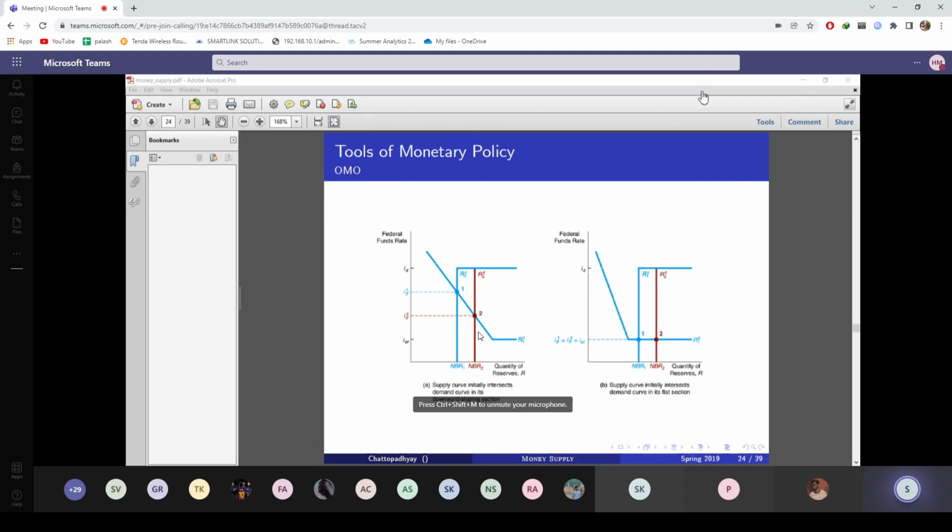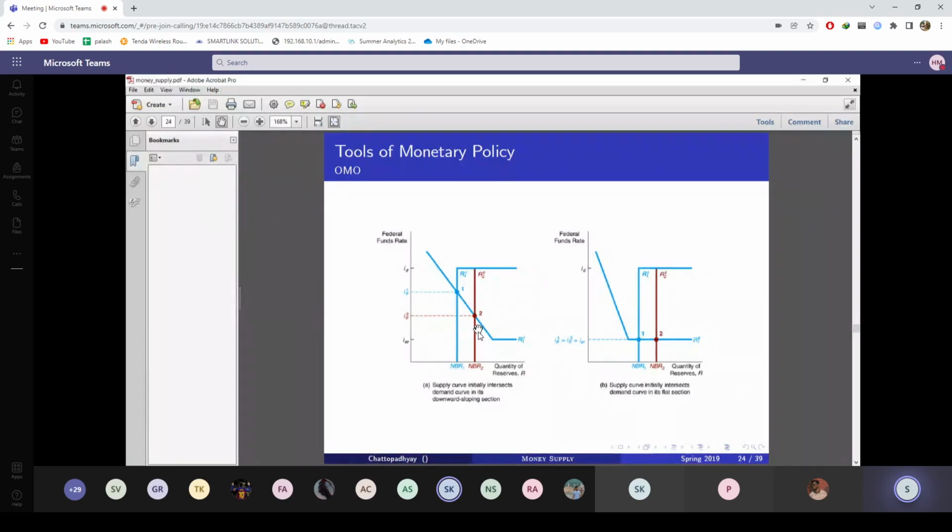So let me explain another time what is happening over here. Initial equilibrium 1, interest rate IFF 1, reserves NBR 1. Open market operation takes place. Central bank purchases bond from the commercial bank. Implication, reserves rise from NBR 1 to NBR 2.